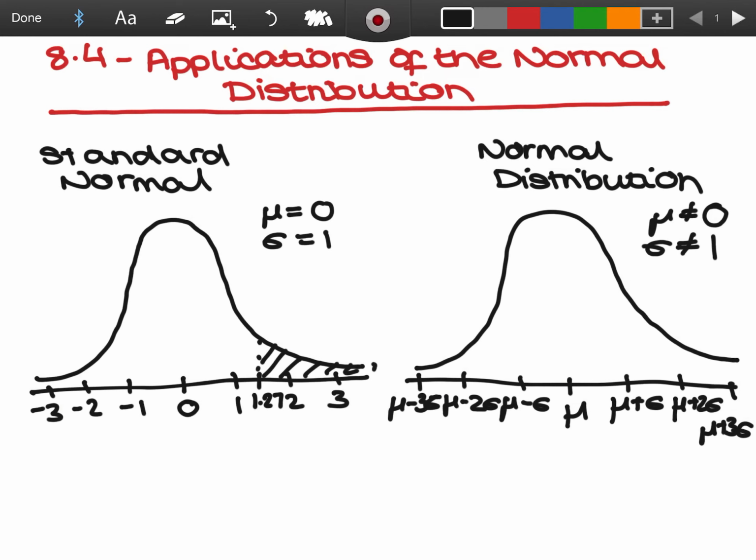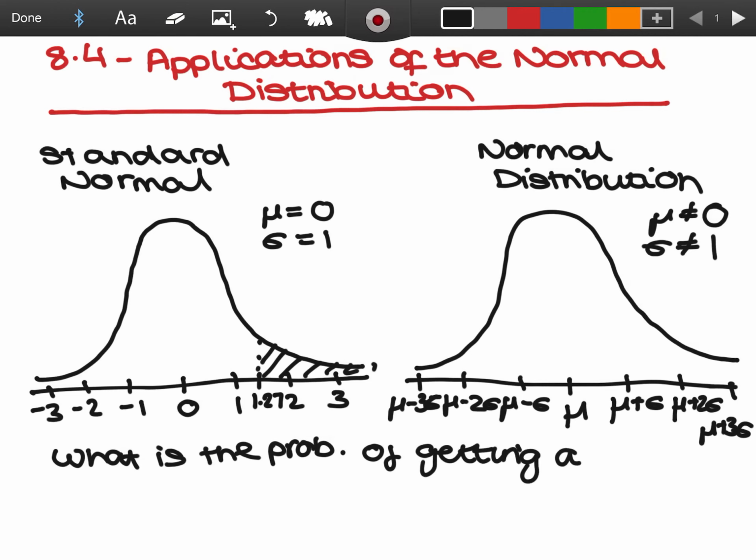I said something along the lines of, what is the probability of getting an outcome that is greater than 1.27?